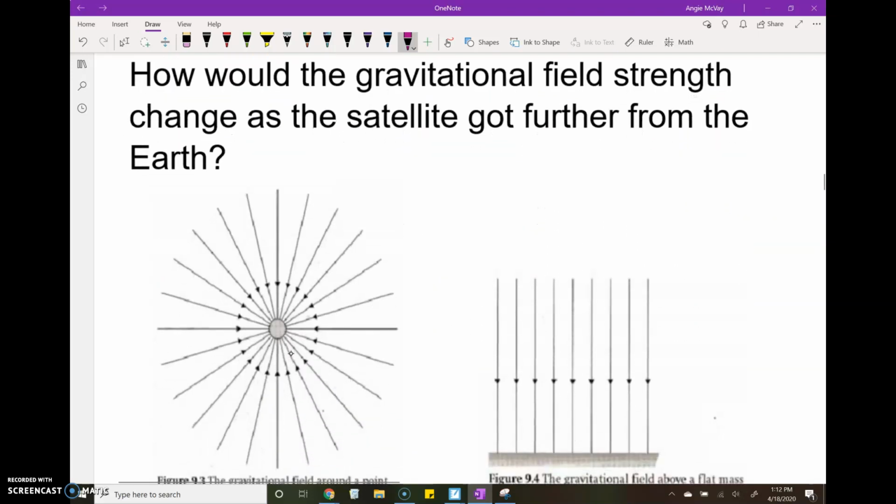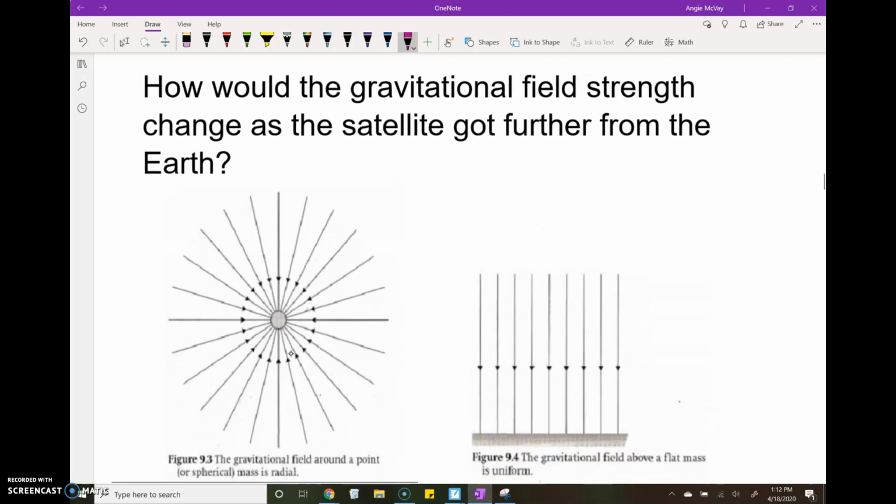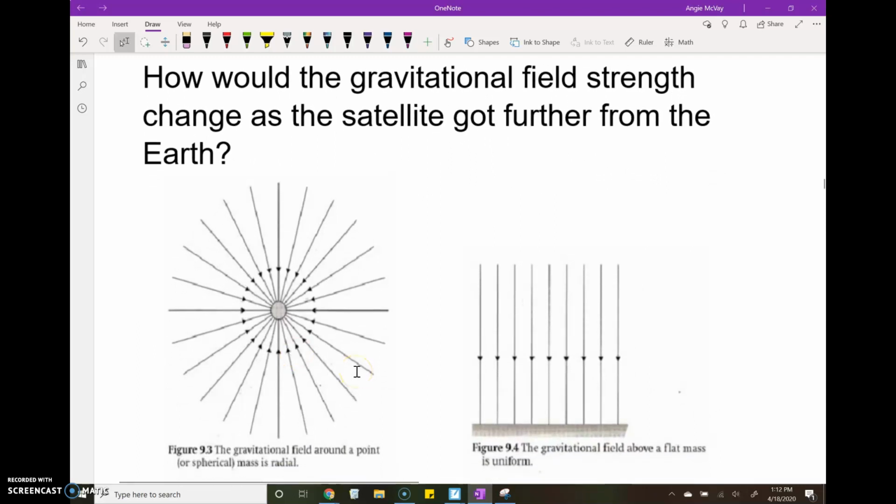All right, the way that we represent the strength of gravity's field is with something called gravitational field lines. We will have these lines drawn also when we talk about electric fields. Gravitational field lines, or any field lines, are drawn using arrows. So let's say this is the Earth.